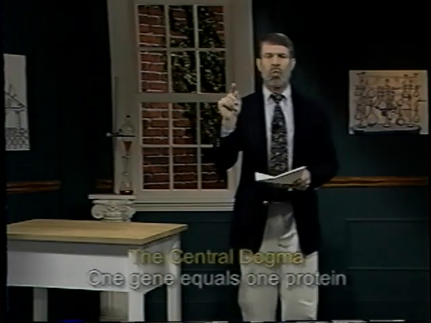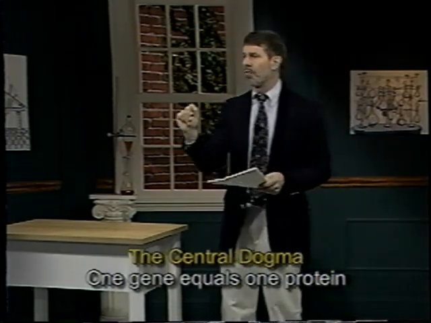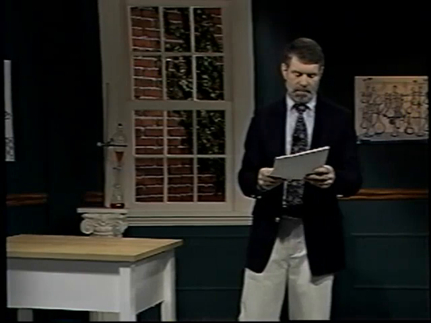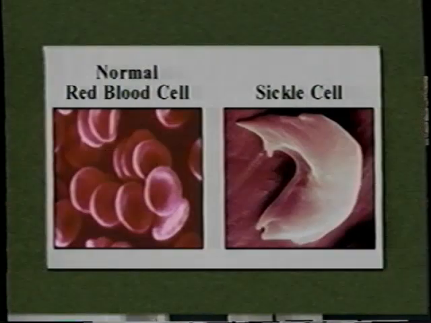Remember that edict that 1 gene equals 1 protein. Well, progress was made by studying mutations, studying how things work when something goes wrong. Some mutations were known to result in the replacement of 1 amino acid with another one, and I mentioned sickle cell disease in the last lecture.